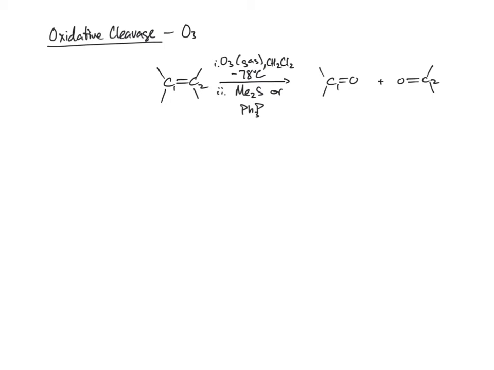These conditions differ from the prior ones in that when you're examining carbons 1 and 2, whatever these other substituents are, they translate directly into being either a ketone or an aldehyde. There's no further oxidation of the aldehyde to the acid. So this is called a reductive workup.